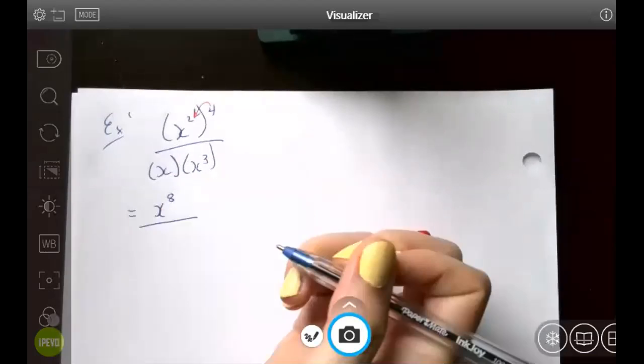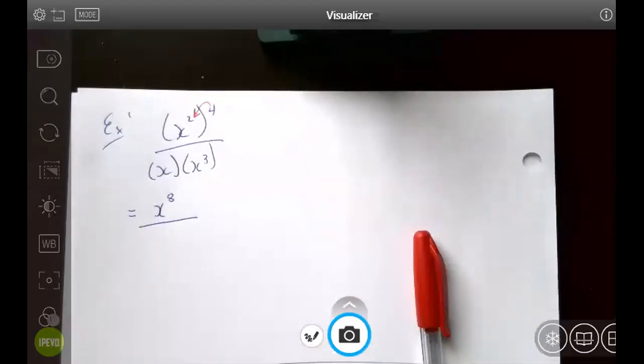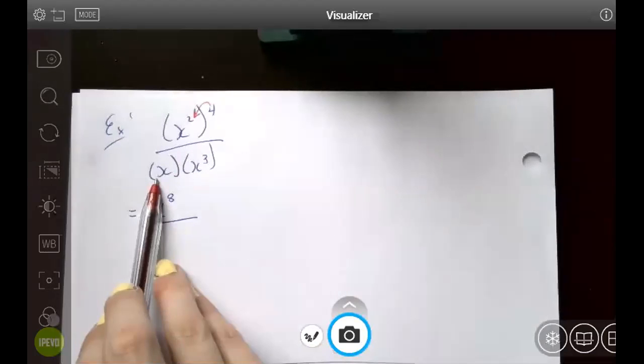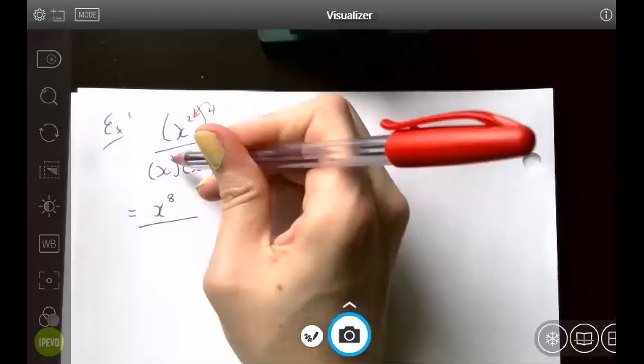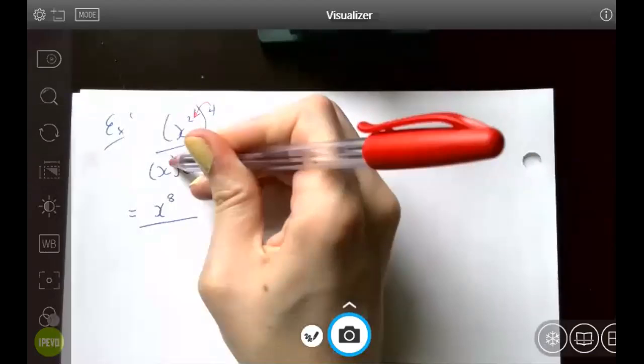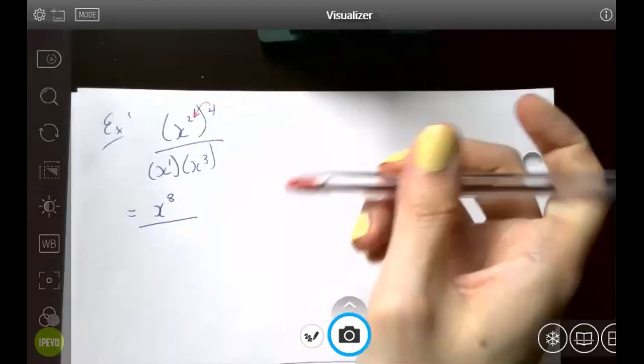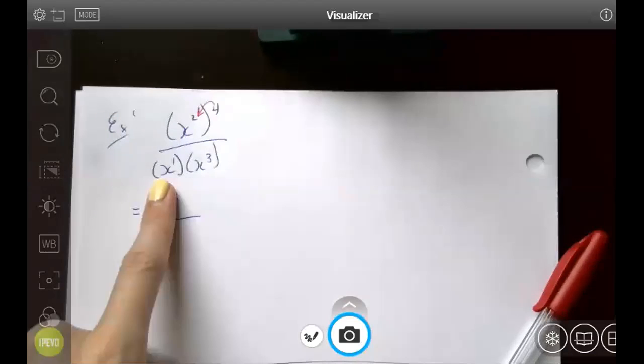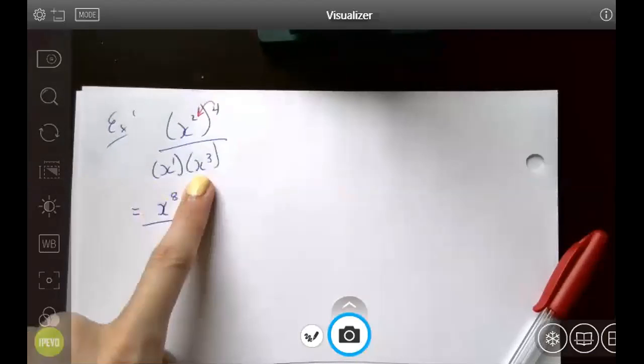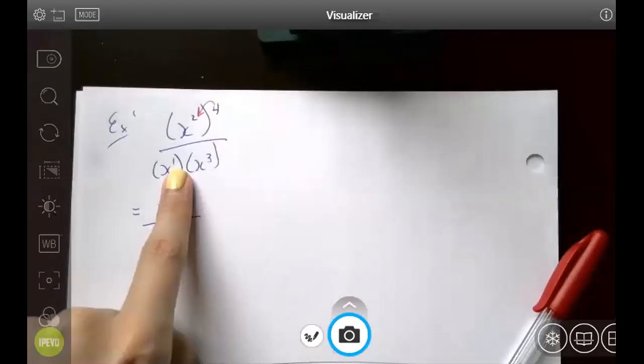And then on the bottom of this, just remember, if I have a power or a term with no exponent, there's actually an invisible 1 there. And now that I have 2 powers with the same base and I'm multiplying them, I add their exponents.